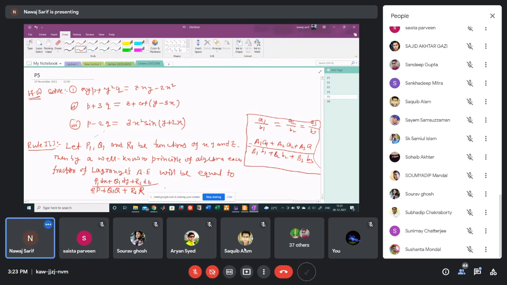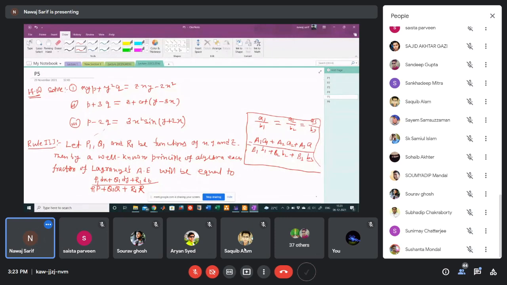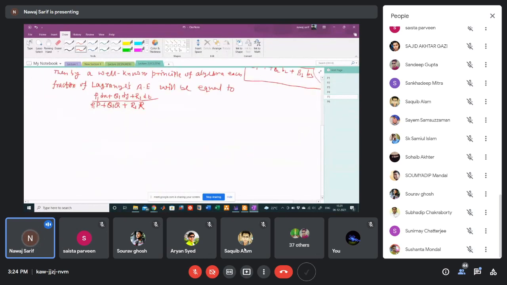Now put this as equation number 1. Now if the denominator term p1 capital P plus q1 capital Q plus r1 capital R equals to 0, then we can say that the numerator term is also 0.